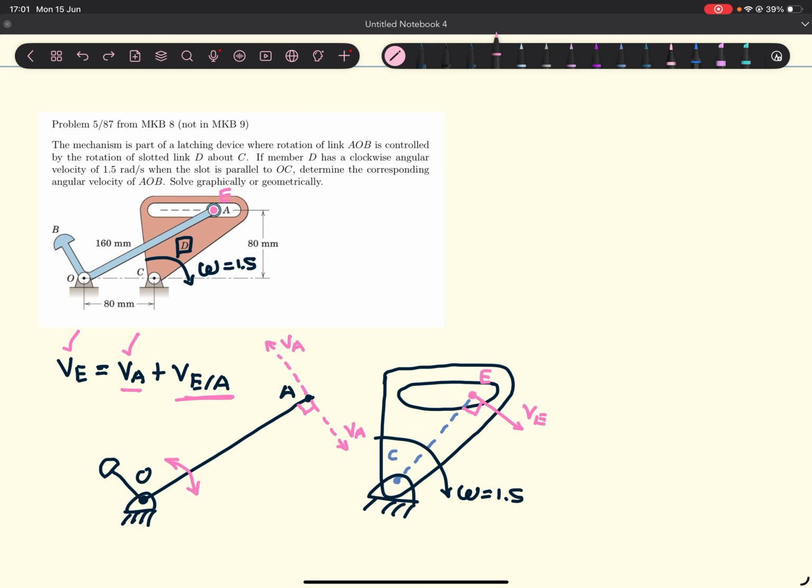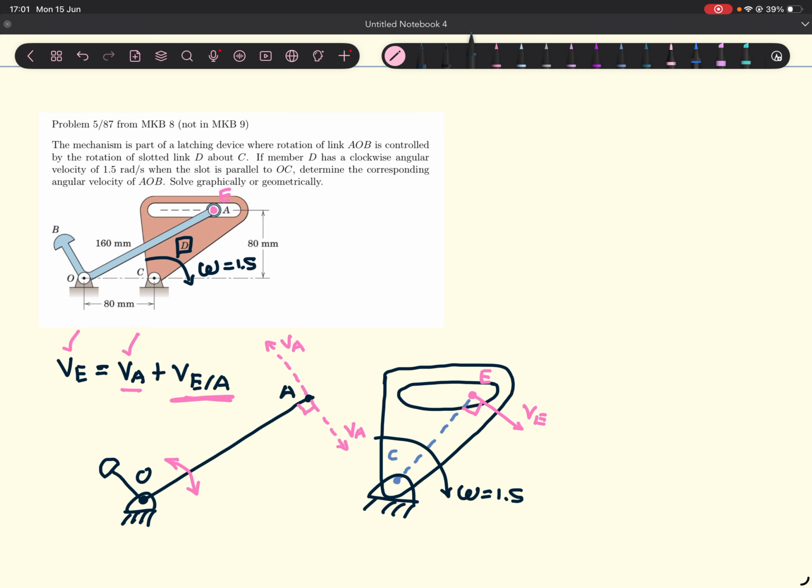Now we need the relative velocity term. When dealing with slots, the relative velocity will always be parallel to the slot, provided that you've drawn your points the way I did over here. Point E is directly above point A, but on the other rigid body.